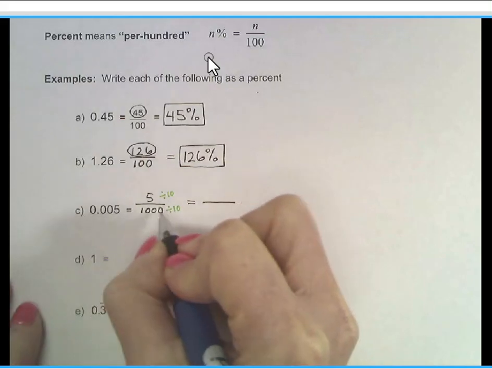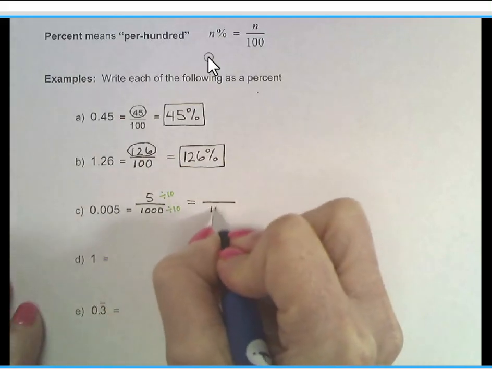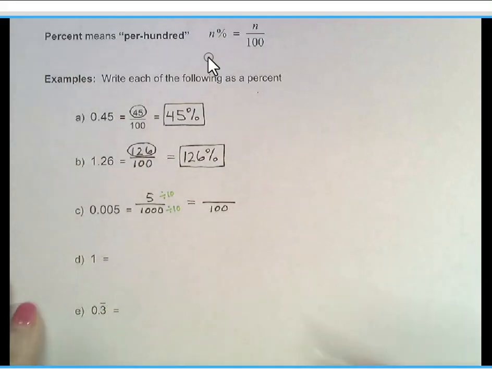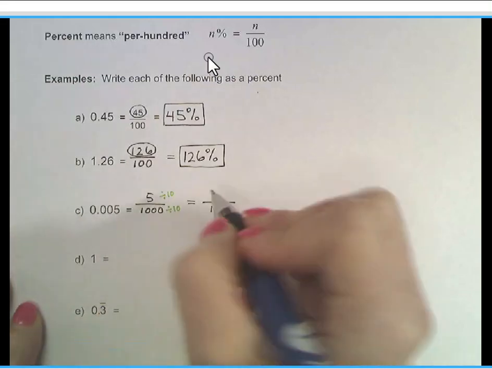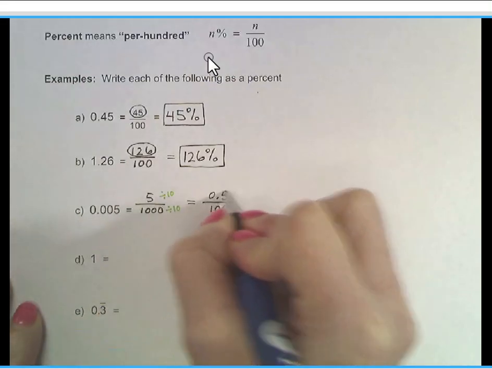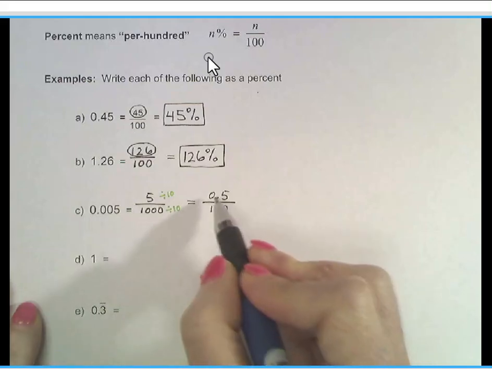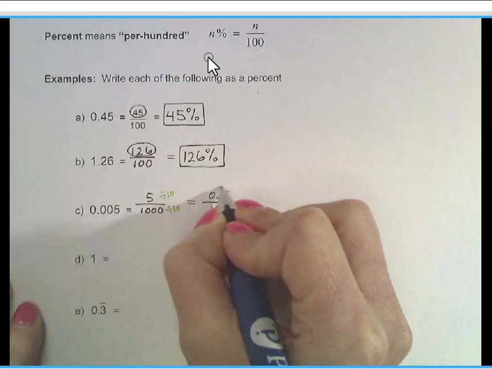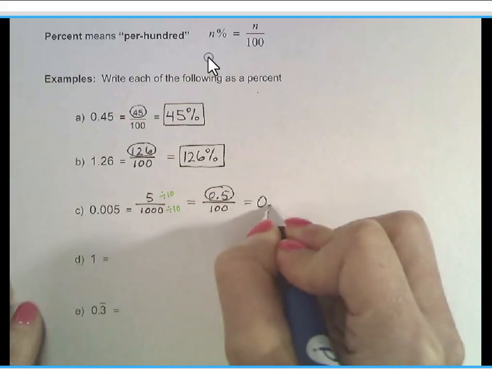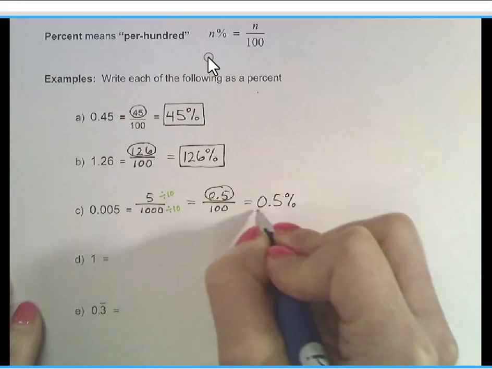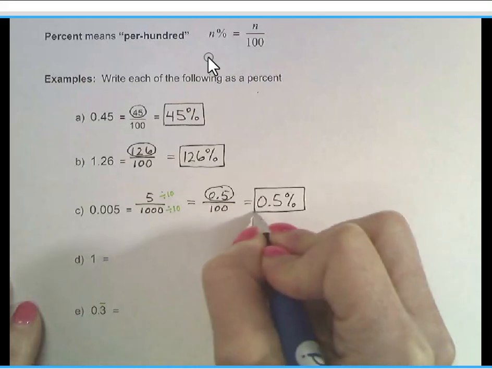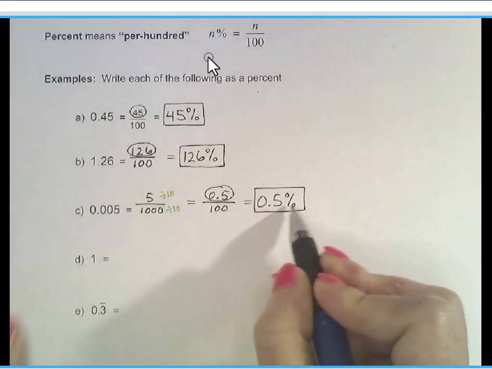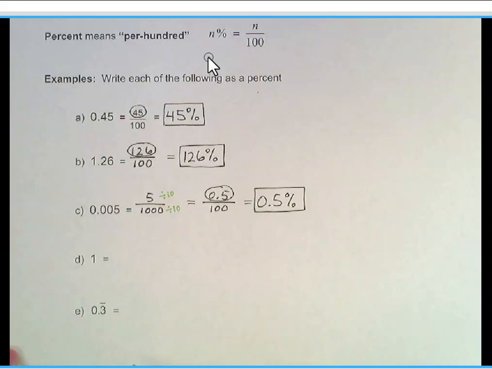When I take 1,000 and I divide by 10, I do get 100. That's what I wanted. When I take 5 and I divide by 10, I get 0.5. So I have 0.5 over 100. So again, the numerator is the percentage. So that would be 0.5%, half of a percent.